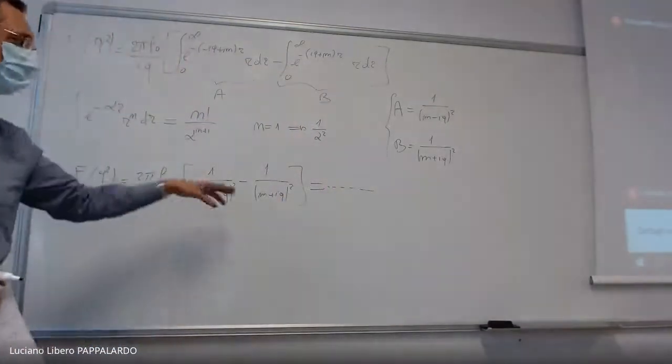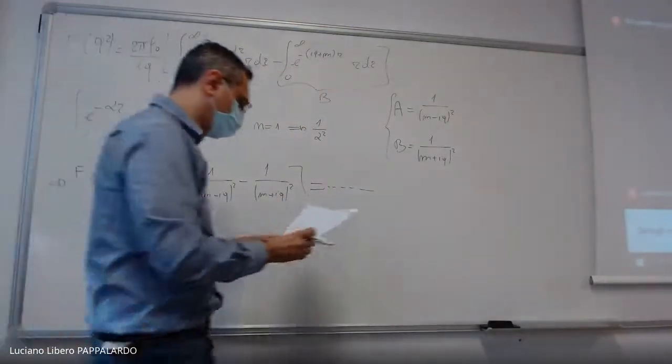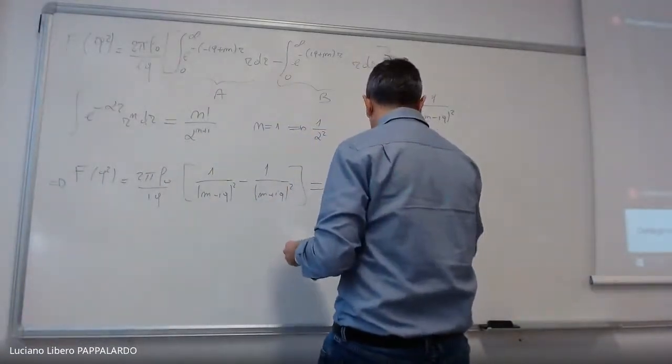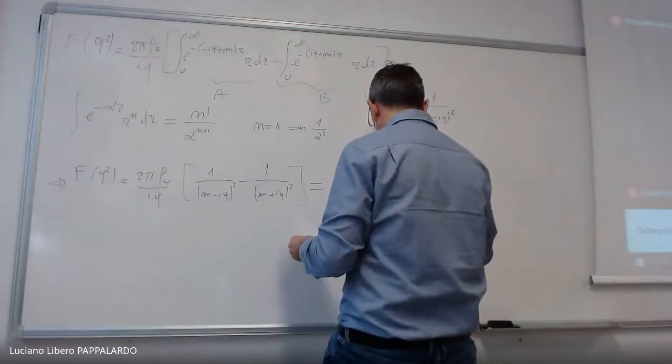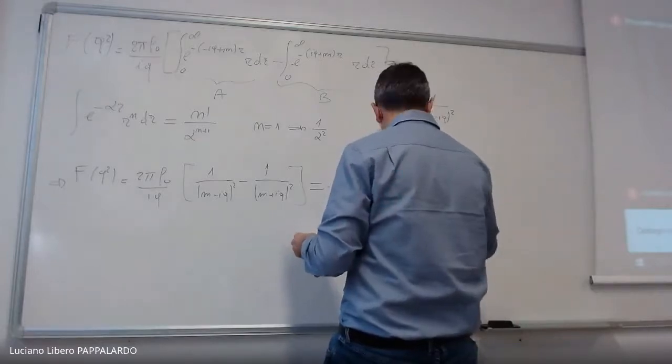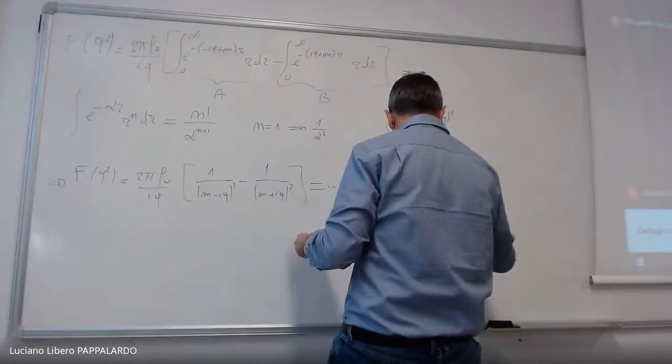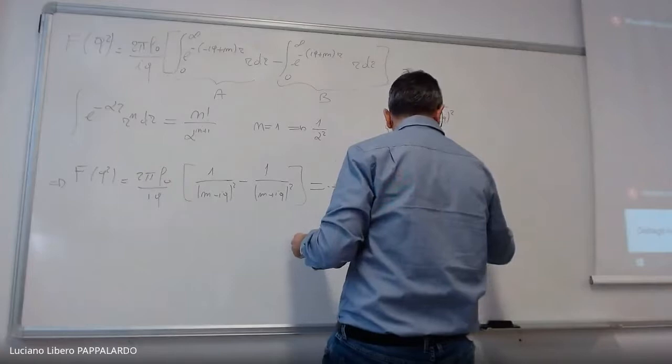Simple trivial algebra. I will skip this, but you can do the exercise. After a few passages, I obtain 8 pi ρ0 over the cube, 1 divided by (1 plus q squared) squared.